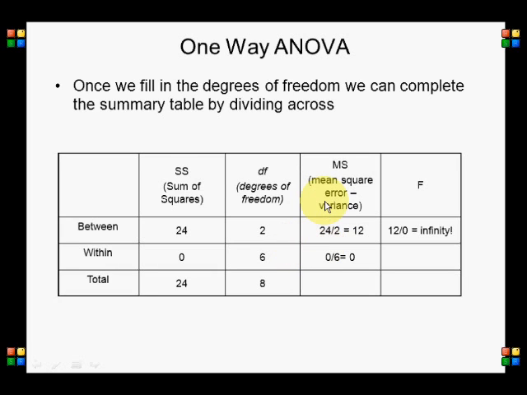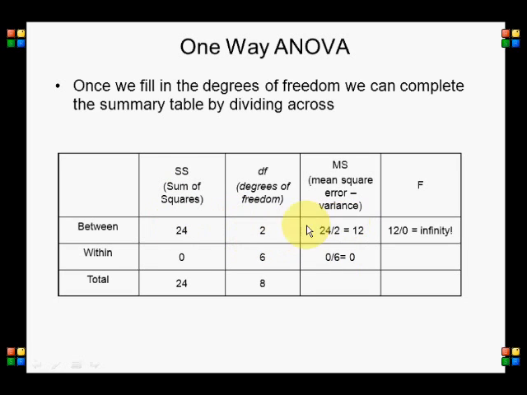Now, because you probably remember that variance is just sum of squares divided by degrees of freedom, I can get my variance by doing just that. This divided by this gives me this. This divided by this gives me this. And then I don't really divide anything here because I'm not interested in the total overall variance. I'm interested in the between group variance and the within group variance and the ratio that gives me.